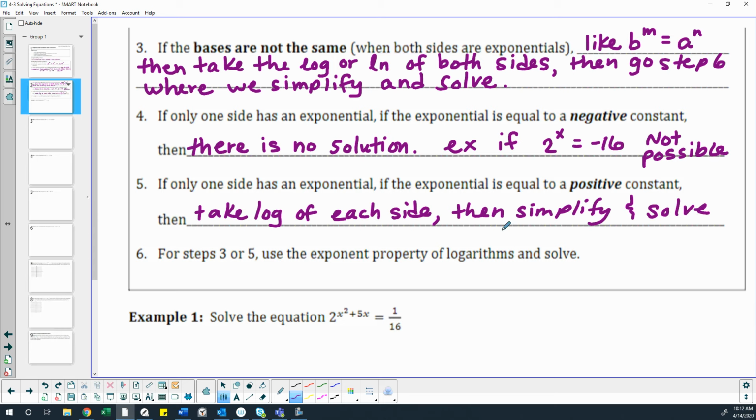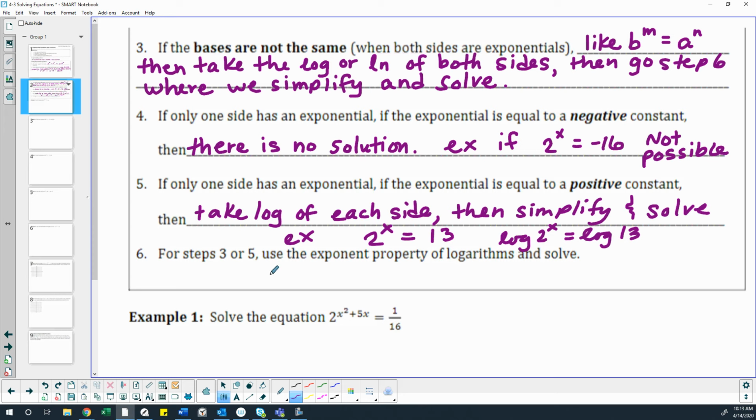For example, if we have 2 to the x equals 13, then we would do log of 2 to the x equals the log of 13. We would move the x to the front, divide by the log of 2, and solve for x that way.